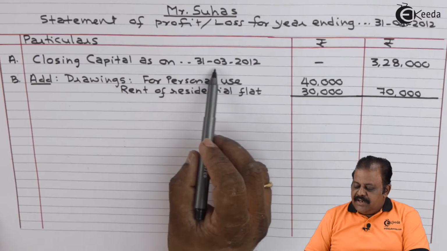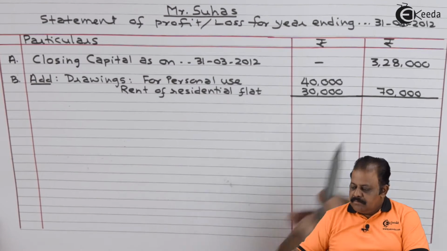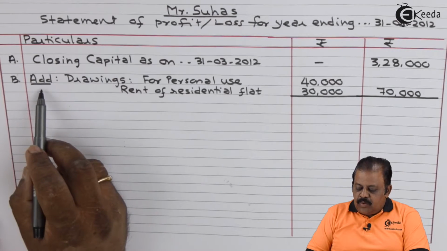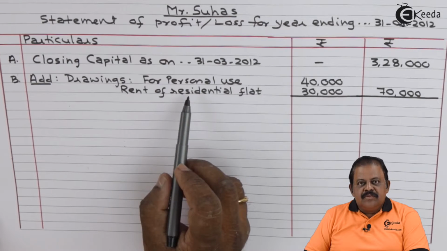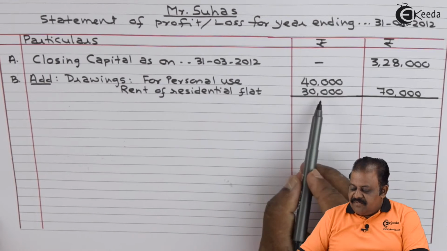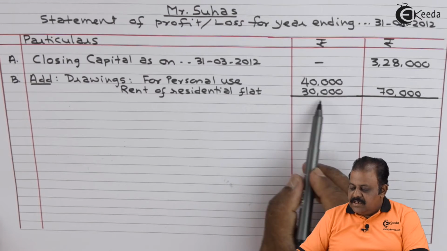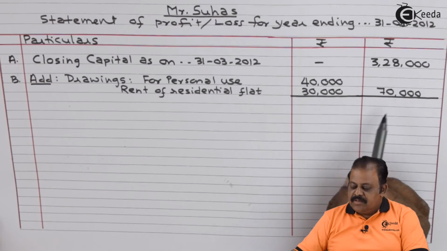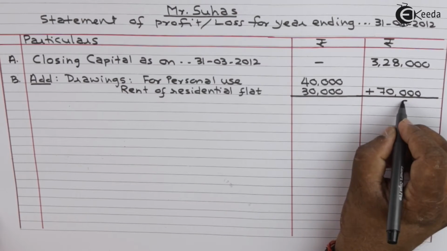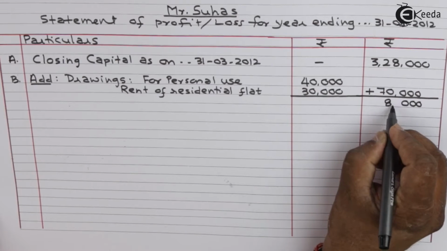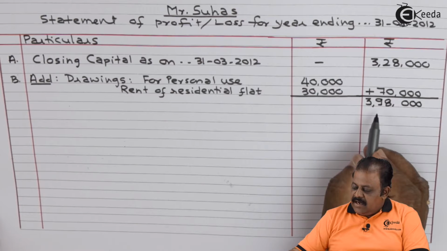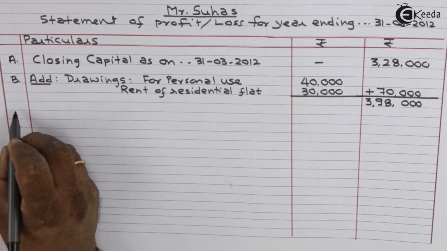Closing capital as on 31st March 2012, 3,28,000. To this we add drawings for personal use 40,000 and rent of residential flat 30,000, total 70,000. This will be added to closing capital. It is 3,98,000.